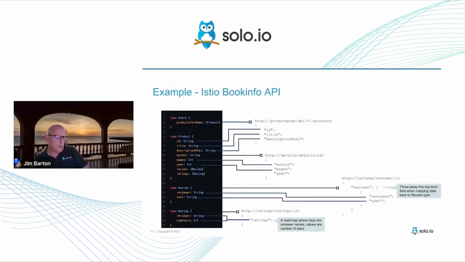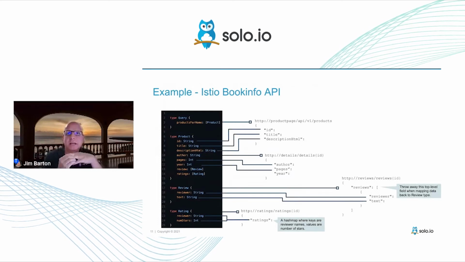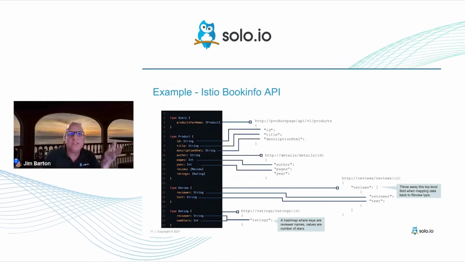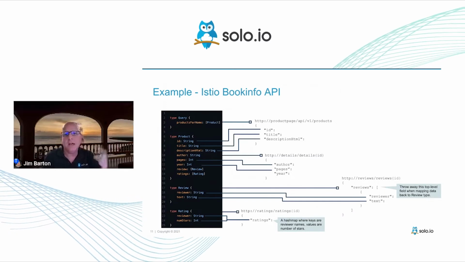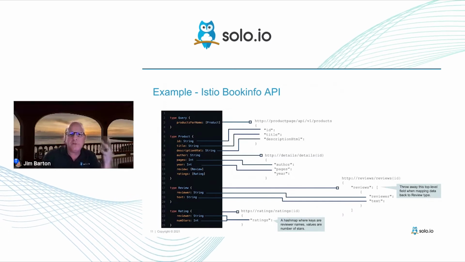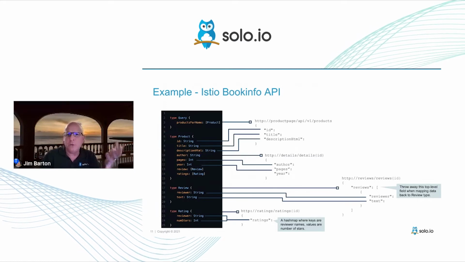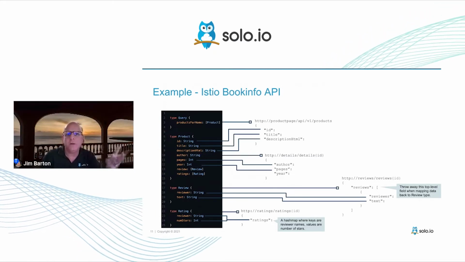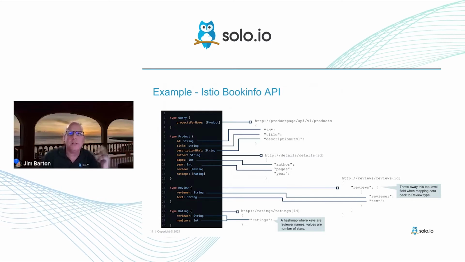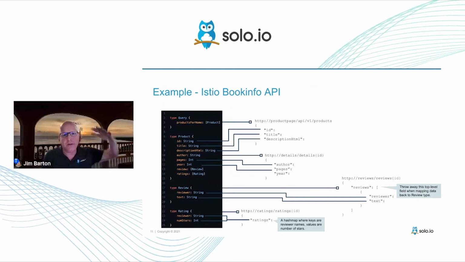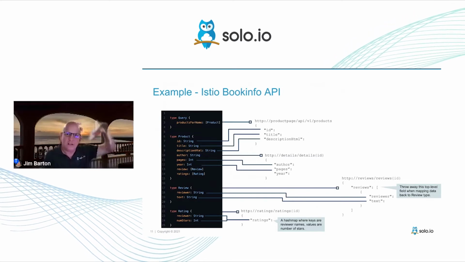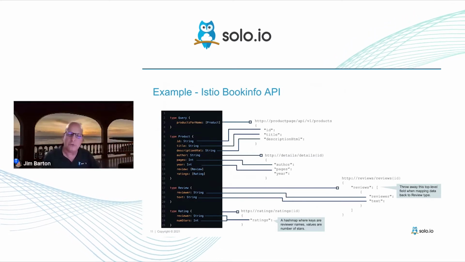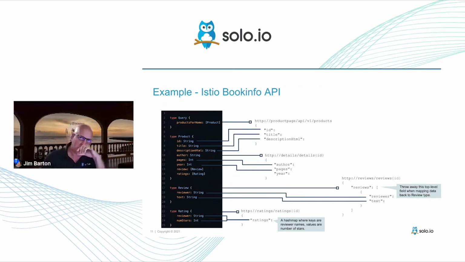So what we're going to be looking at today is a number of examples. This is one of the examples we're going to take a look at. It's based on, if you're familiar with the Istio Bookinfo API, a standard example application in Istio that's out there everywhere, and it's a polyglot assembly of 4 different applications, all written in different languages, all deployed in separate containers.